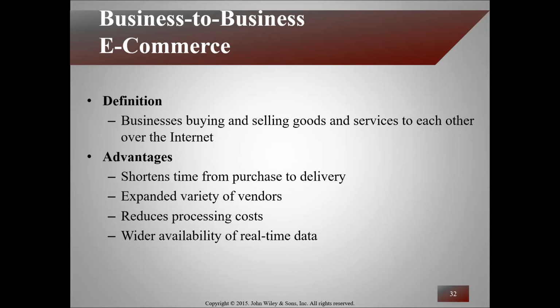Like retail consumers, corporate purchasing agents using business-to-business e-commerce tools can select items from online catalogs, confirm purchases, track shipments, and pay bills electronically. Another feature of business-to-business e-commerce is that it reduces the cost of processing. And it provides a wider availability of real-time data that allows managers to view up-to-the-minute information.